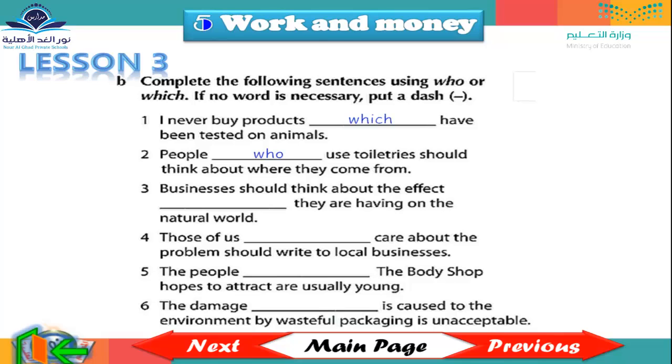Here we are not in need of who or which, so we put a dash. 4. Those of us, space, care about the problem should write to local business. Here the word us refers to people, so the correct answer is who.